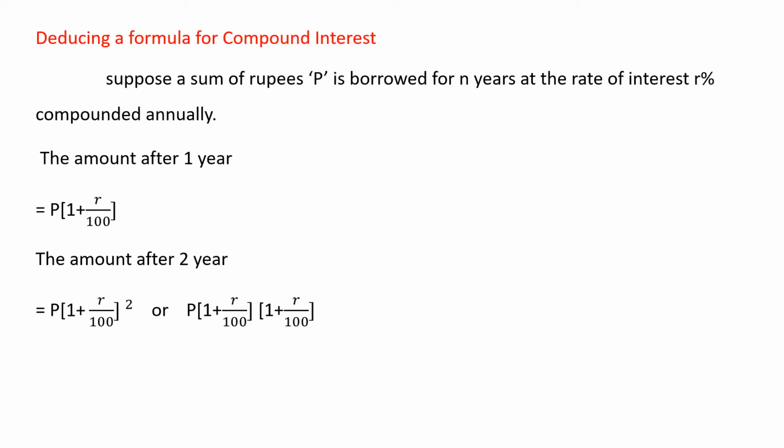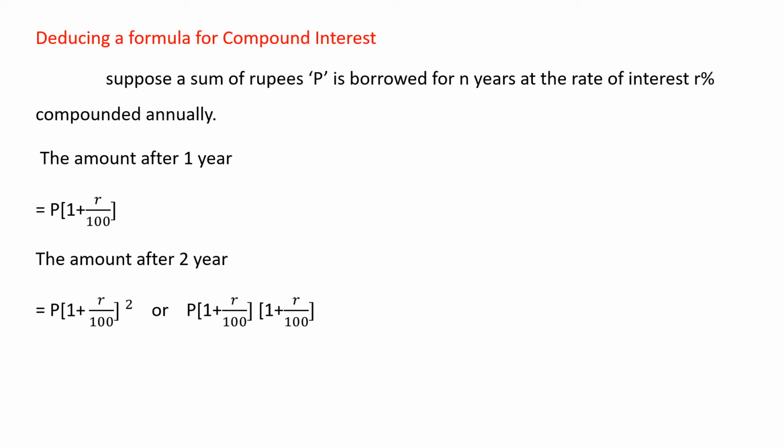Now we are going to see the formulas of compound interest. Suppose a sum of rupees P. What is P, children? Already we have learned, principal amount. You are borrowing some amount from your friend for n years, and you say you will return it after 2 years or 3 years.